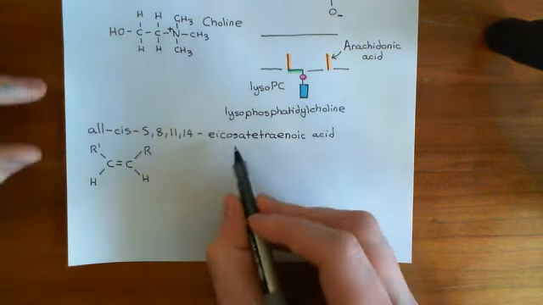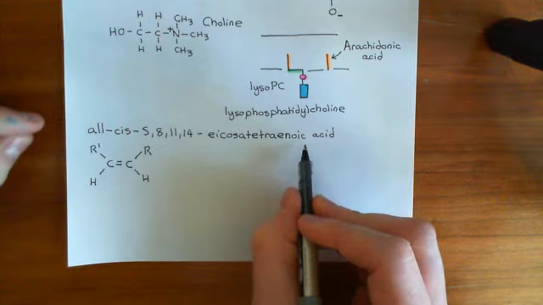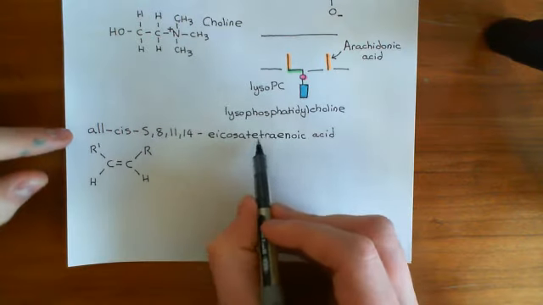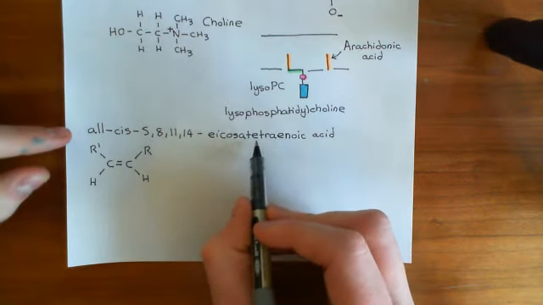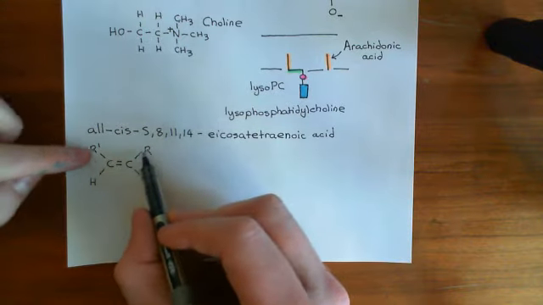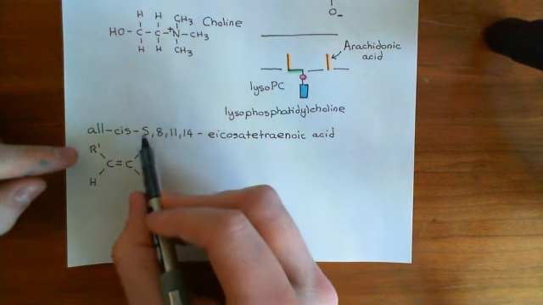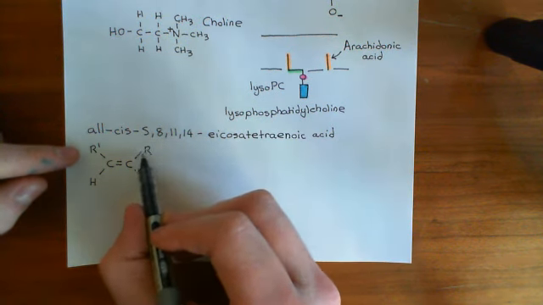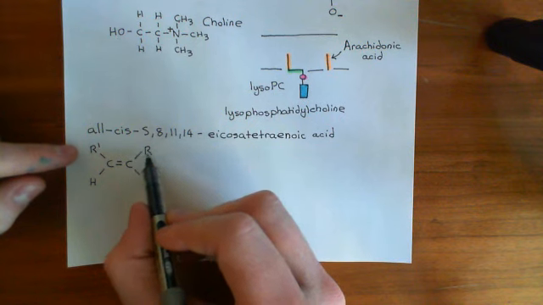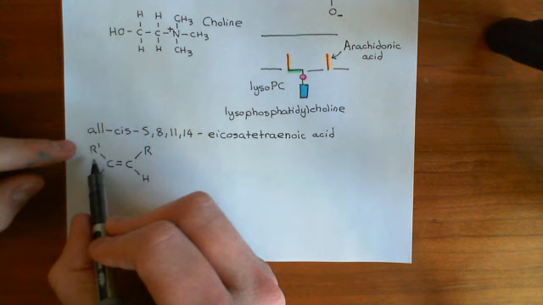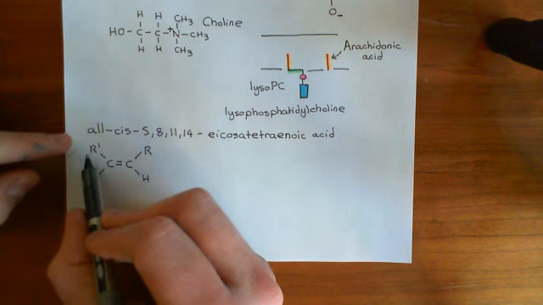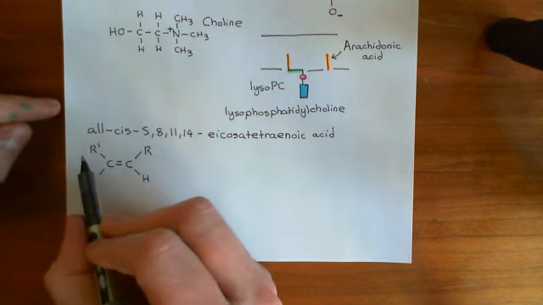If we're talking about icosahexaenoic acid, the double bonds will be in the middle of the length of this carboxylic acid, and these 2 R groups might be the rest of the carboxylic acid coming off. So for instance, if we're talking about the double bond off the 5th carbon, this could be the bit with the 1st, 2nd, 3rd and 4th carbons, and this could be the bit with the 6th, 7th, 8th, 9th, all the way up to the 20th carbons coming off here.